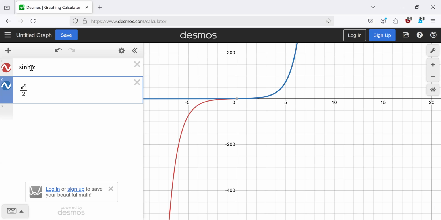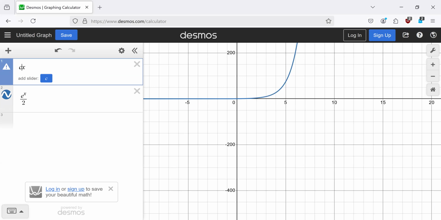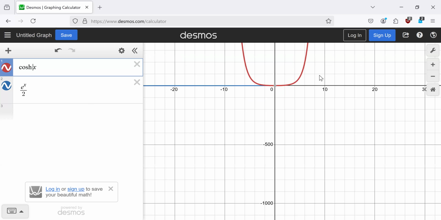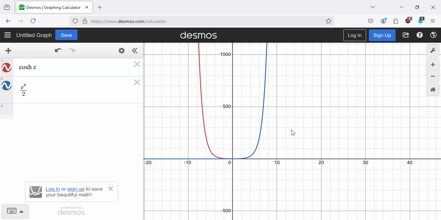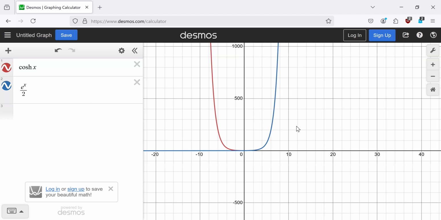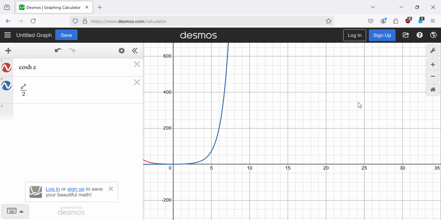And then the hyperbolic cosine, same sort of thing. It sort of looks like an even polynomial, like x squared, but it grows vastly, incalculably faster than x squared.